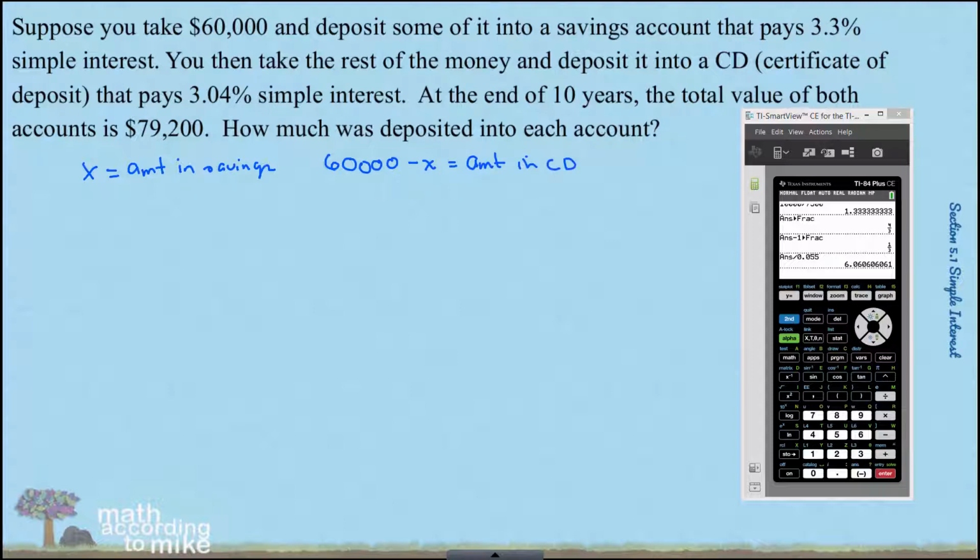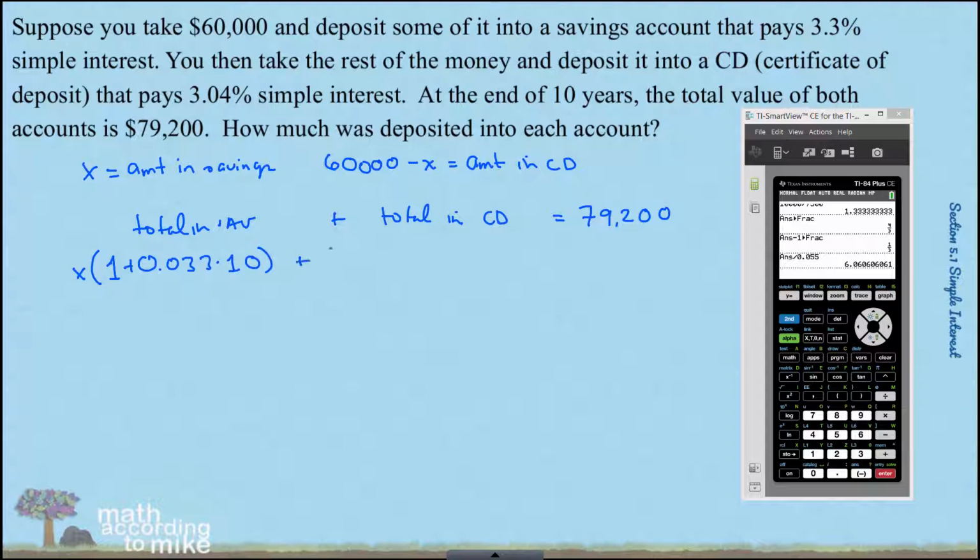Okay, we have two instances of a simple interest rate, and we are told the total in the savings plus the total in the CD is going to add up to $79,200. In the savings, we put X dollars into the account, and it carried a 0.033 interest rate for 10 years.